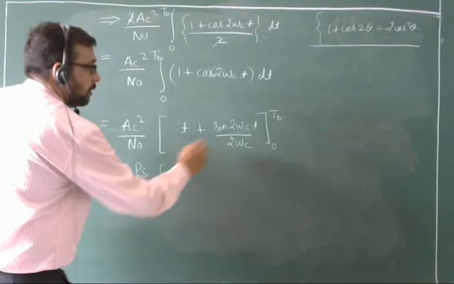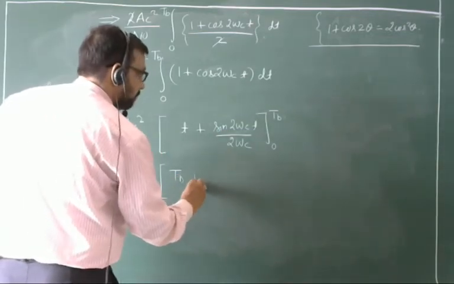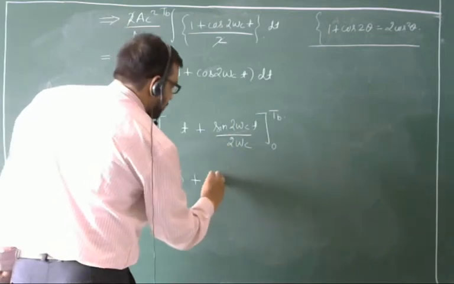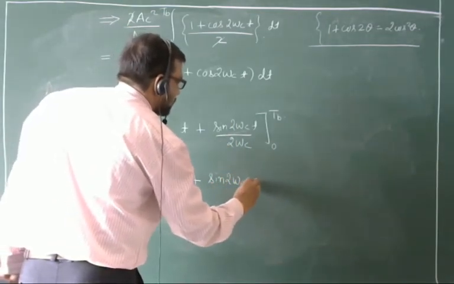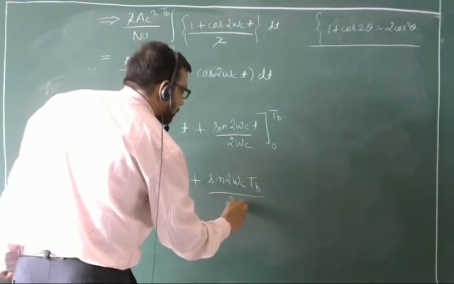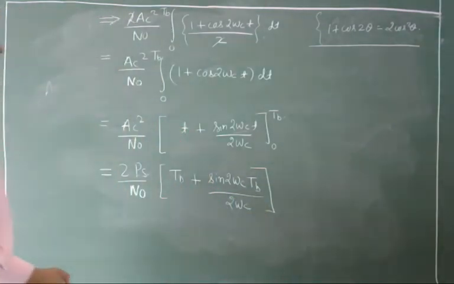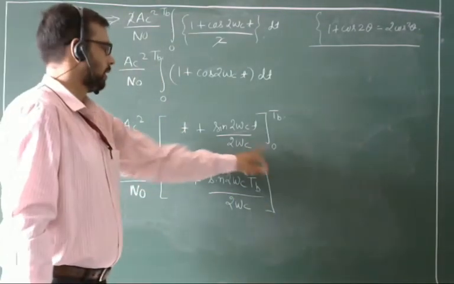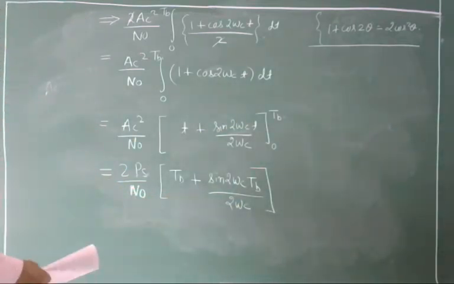Simply place the limit: Tb plus sine 2 omega c Tb upon 2 omega c, and after placing the zero limit, the overall quantity is equal to 0.